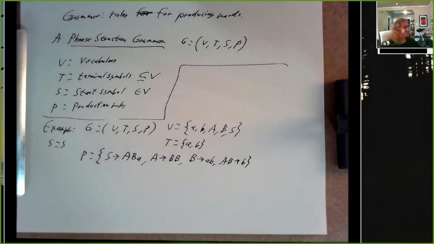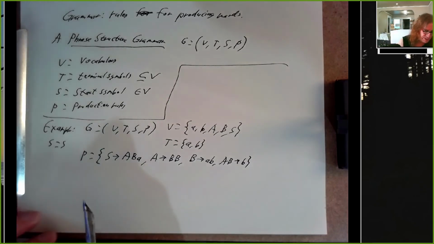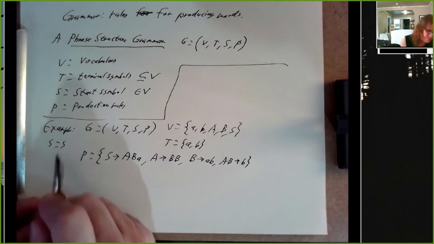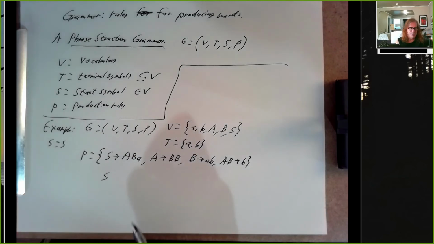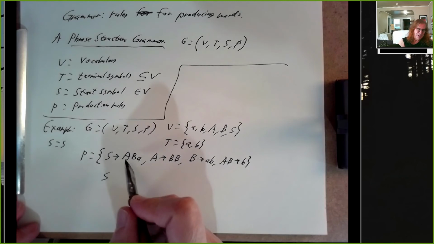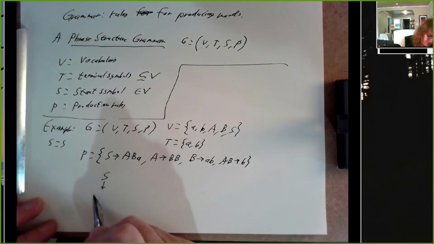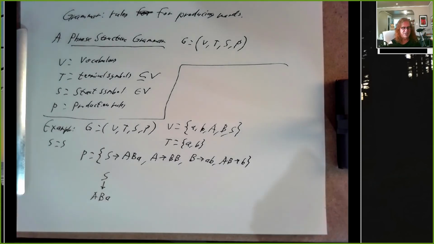All right, so what language does this example describe? Here's how you interpret this. You have to start with the start symbol S. So I'm going to start with just an S. And I can use my production rules to change something into something else. For example, I can change S into an uppercase A, an uppercase B, and a lowercase a.